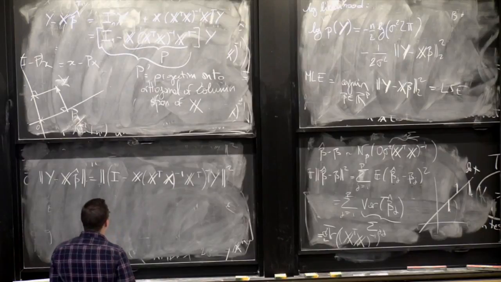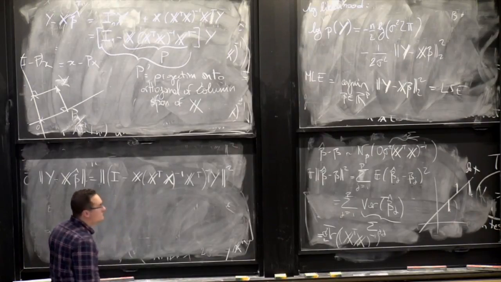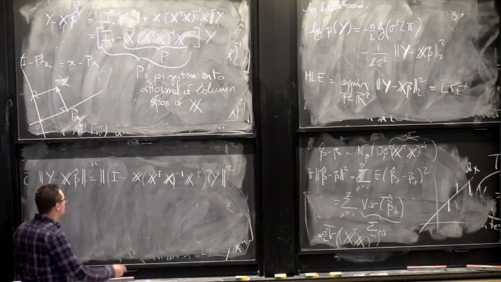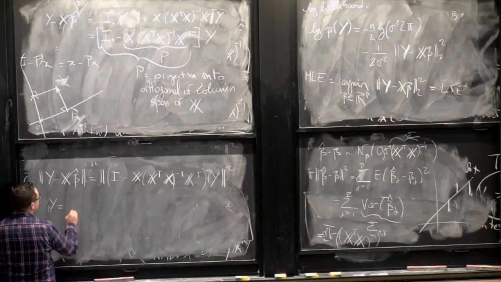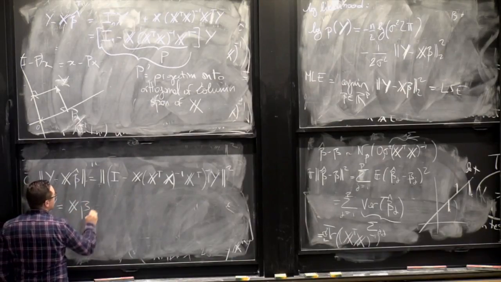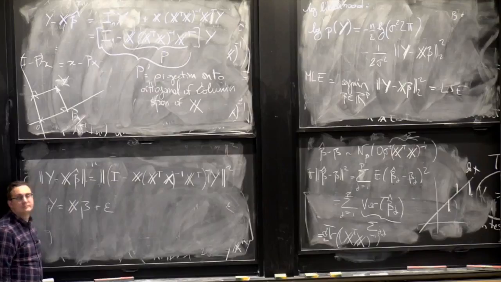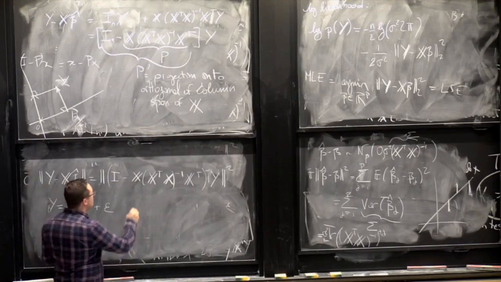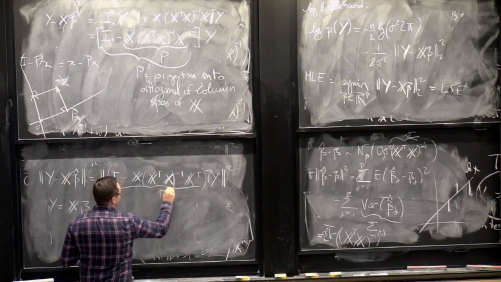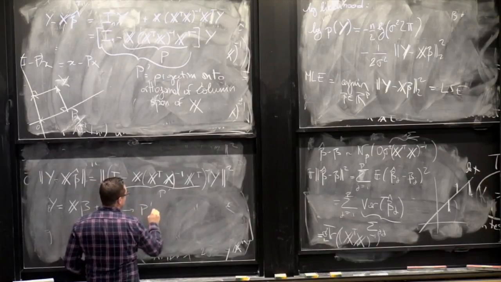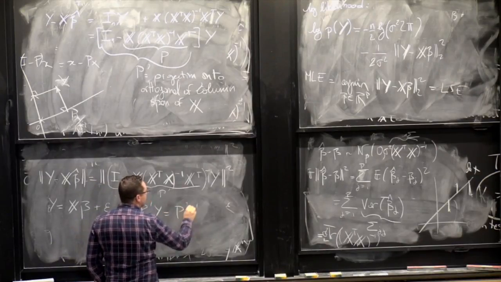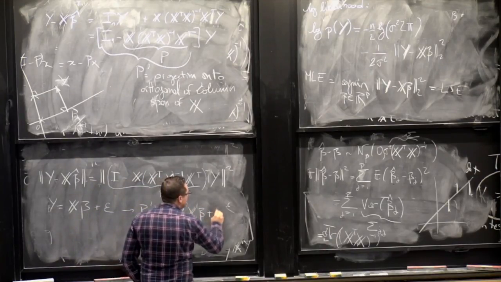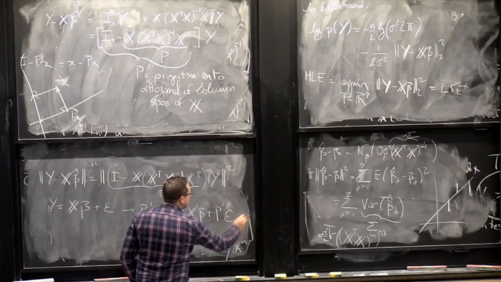What am I projecting here onto the orthogonal projector? Here, I know that Y is equal to X beta plus epsilon. So when I look at this matrix P prime times Y, it's actually P prime times X beta plus P prime times epsilon.